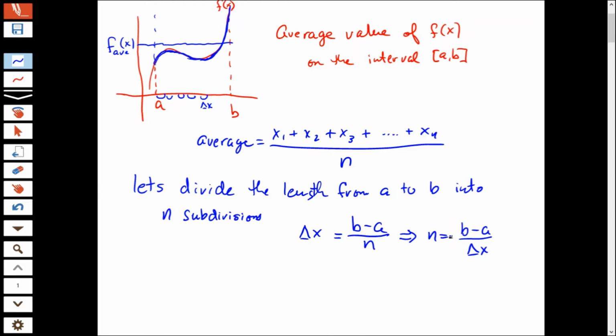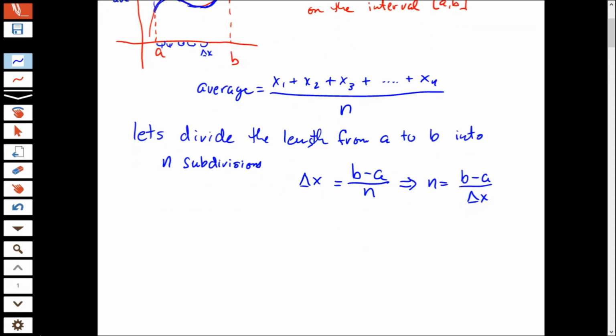Now, inside each of these little subdivisions, we can pick x values for each one. So your x1 is going to be inside the first subdivision, and same thing with your x2 and x3 and so on, and we want to average them together, right?